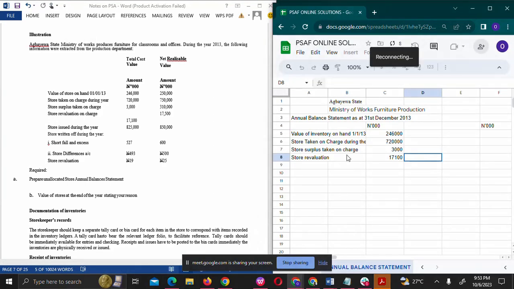I was saying that the store revaluation, 17,100, is going to increase the value of inventory, and so it will be on the debit side. But now, store issued during the year.